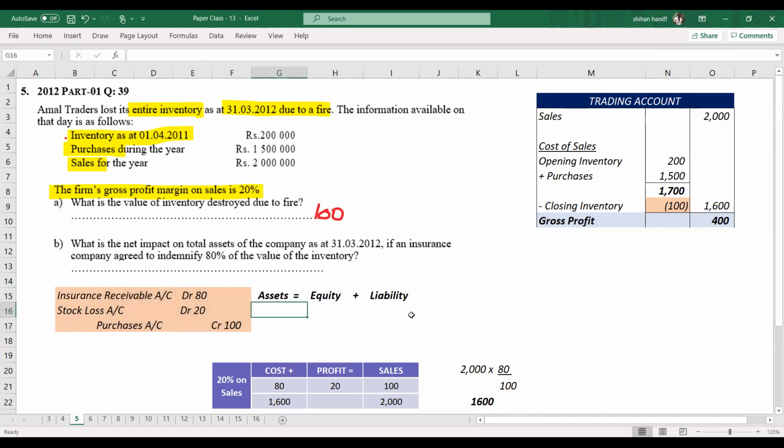What's the impact on the asset? Purchases reduced means the asset is reducing here. Purchases means stock.